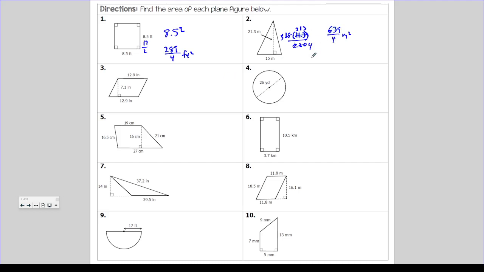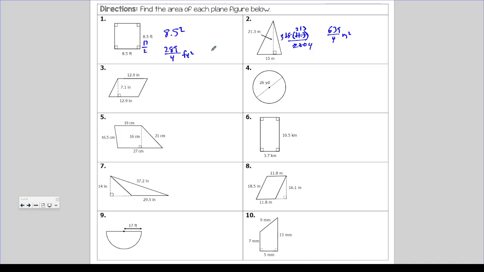As usual, if you want to use a calculator and estimate these as well, just to get an idea of what it is as a decimal number, I think that's a great idea. So like this one would be 72.25, and this one would be 159.75. So you can use a calculator or not if you want to come up with a decimal approximation.